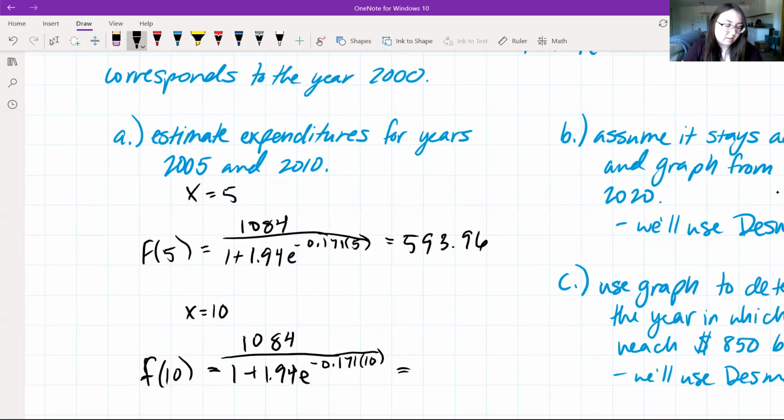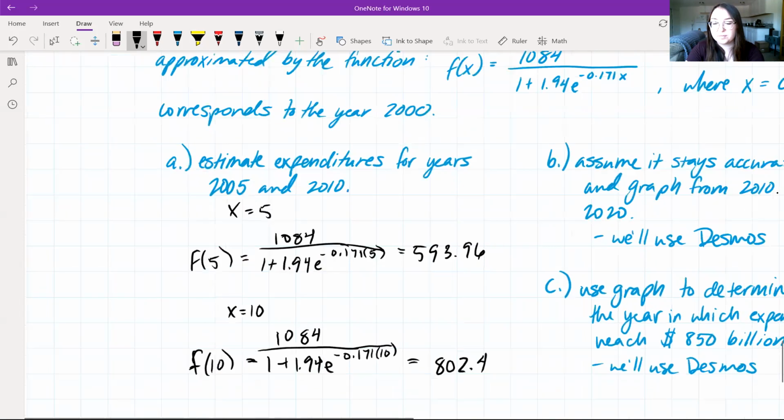Once again, I invite you to take a moment and calculate this number on your own. And if you had, you should have gotten 802.4.